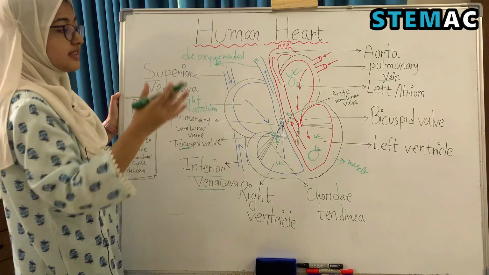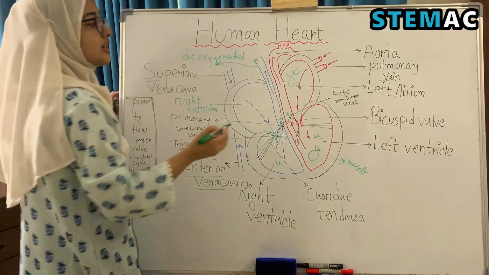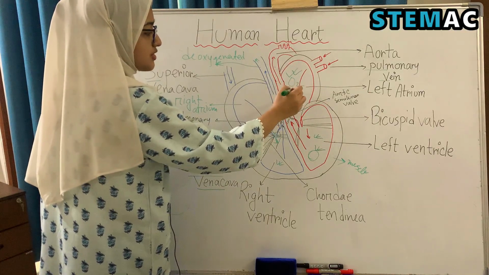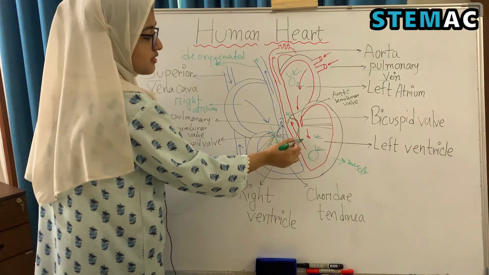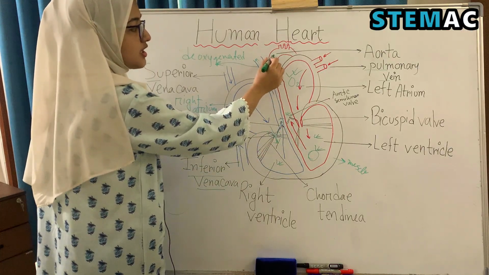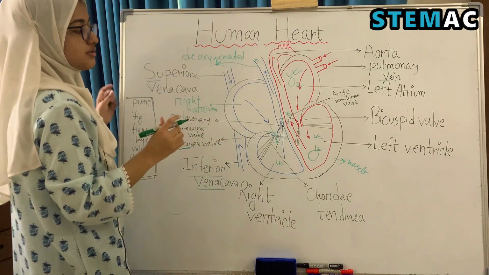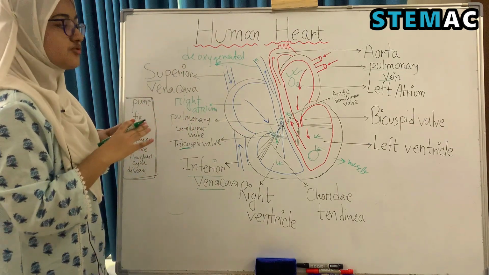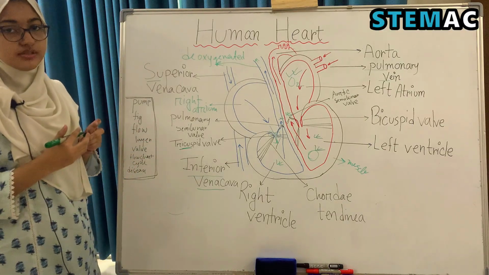Then from there the oxygenated blood after the gas exchange comes towards the left atrium. Then it goes towards the left ventricle, then towards the aorta. Through the aorta it goes towards the whole body. So the oxygenated blood is transferred to the whole body. Then we are going to talk about the flow chart.